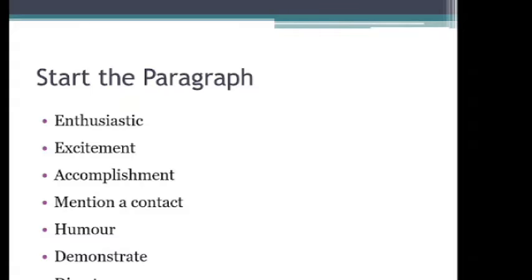Now what do we mention in the beginning of the paragraph? In the beginning of the paragraph we mention something that gives enthusiasm, excitement. For example, we say, in response to the previous communication dated so and so.